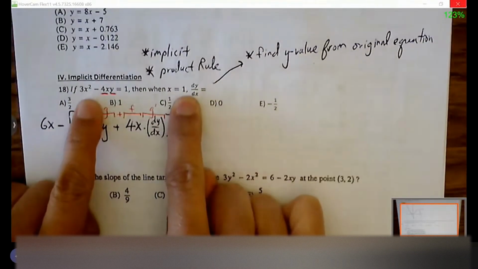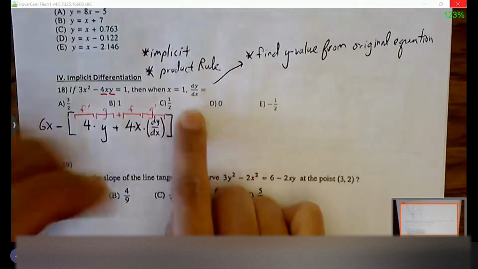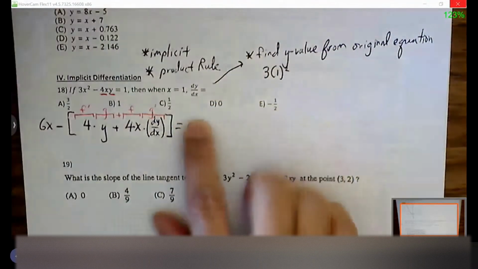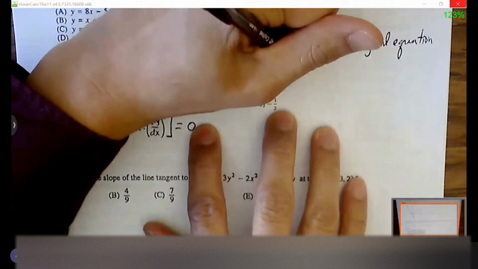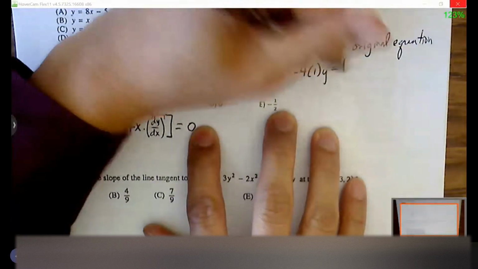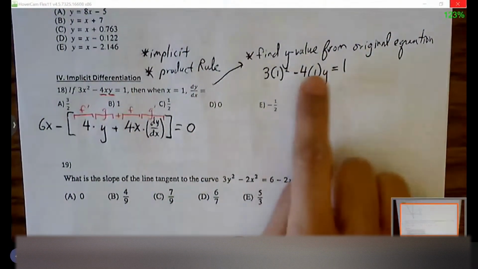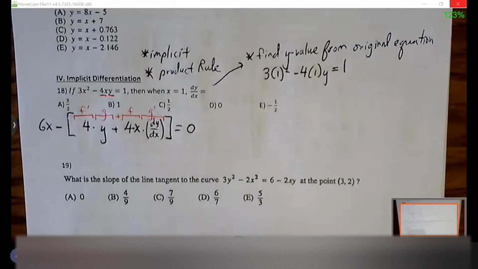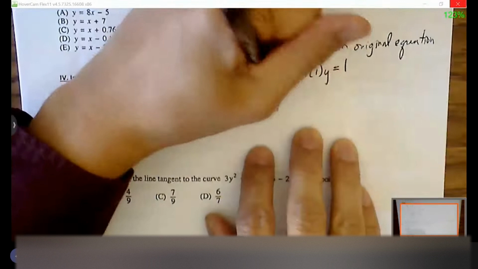So I'll enter 1 in for x and see if I can solve for y. If I subtract 3 from both sides, I get negative 4y is equal to negative 2.